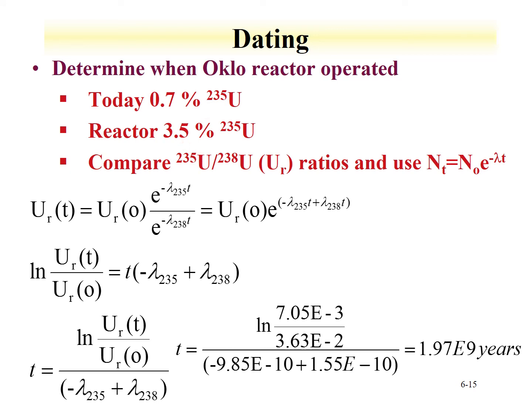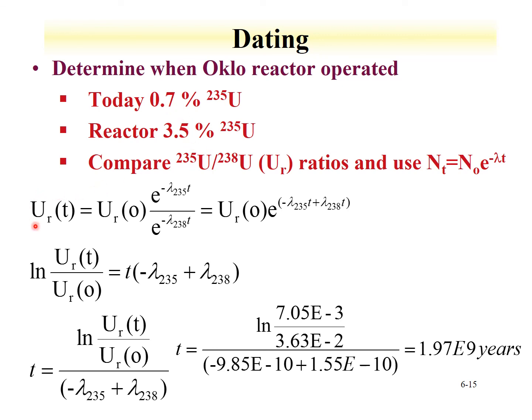For a reactor, about 3.5% of the uranium needs to be 235 in order for the reactor to go critical. So we're going to base this assumption on saying we need to figure out what was the time when uranium-235 was 3.5% of the uranium, knowing that it's 0.7% today. So this would be the ratio that we'll look at. Those ratios are based upon the percentages.